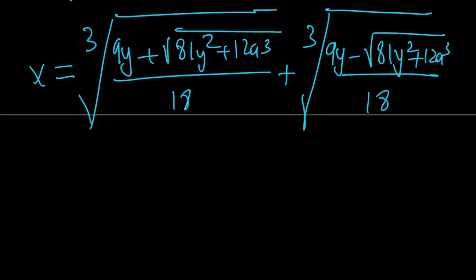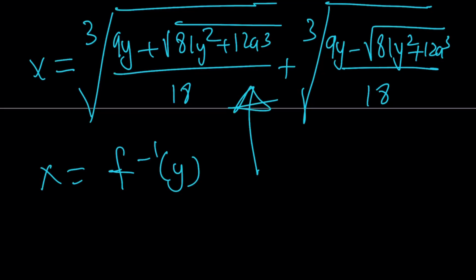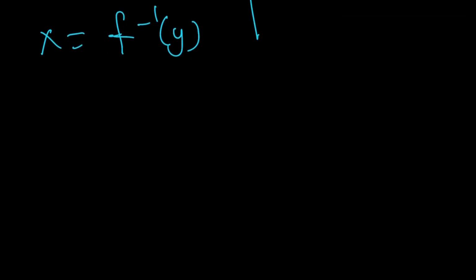And remember, x is equal to f inverse of y, but you're looking for f inverse of x. Therefore, in this expression, just replace y with x, and don't worry about anything else because that is going to be confusing.